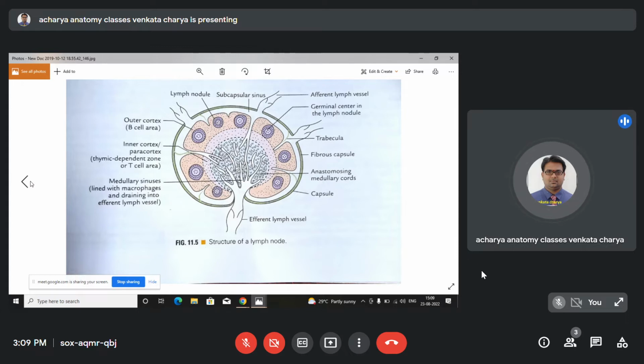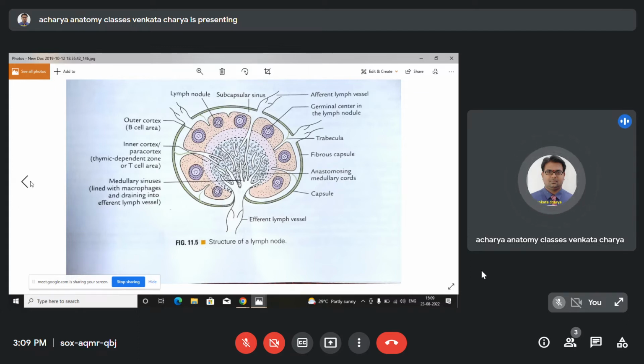Just beneath the capsule there is a space called the subcapsular sinus. In the subcapsular sinus there are inner extensions of the capsule, which we call trabeculae.